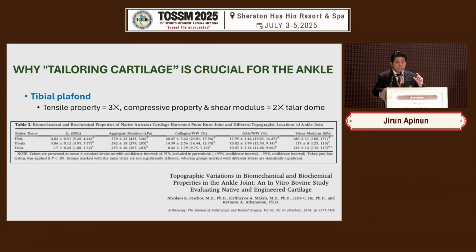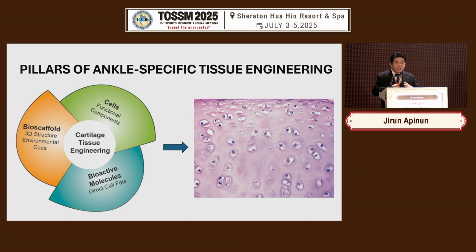And as I mentioned, the talus cartilage is stiffer than the knee cartilage. The tibial plafond has even higher mechanical properties than the talar dome. So with all of these special characteristics of the cartilage of the ankle, when we want to regenerate new cartilage, each of the components, the pillars of tissue engineering, will be taken into account.